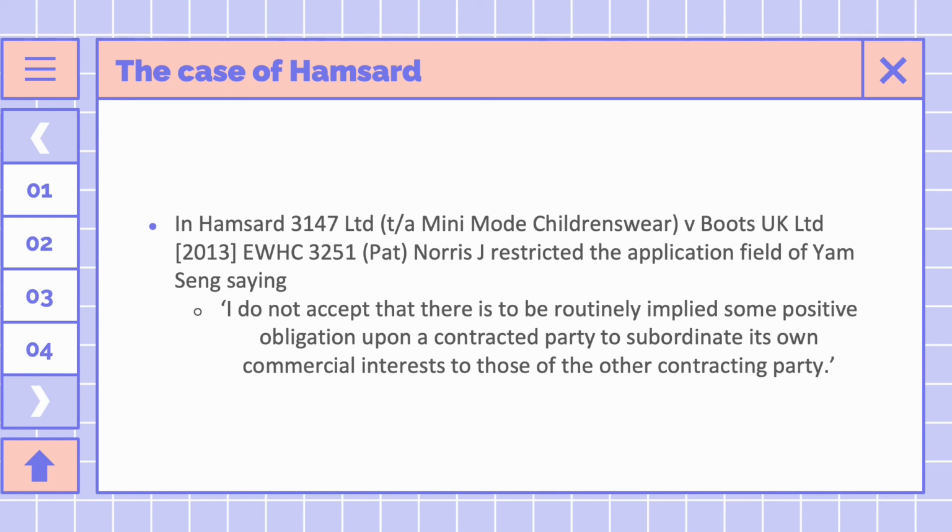Here he's essentially saying that by enforcing parties to adhere to this notion of good faith, they are also sacrificing their own interests. By doing so, it would be unfair on these parties, and it could have catastrophic consequences.